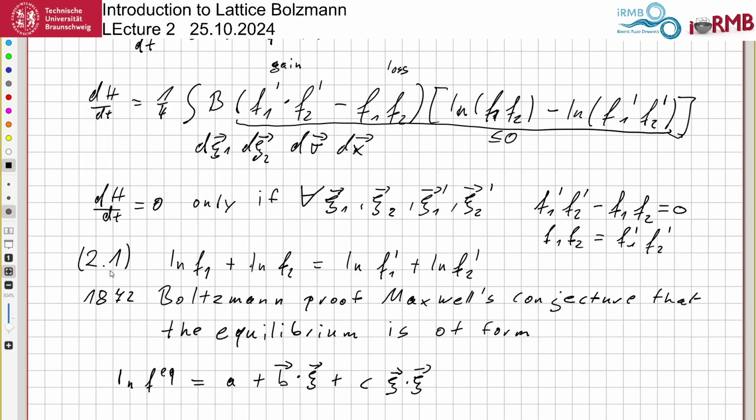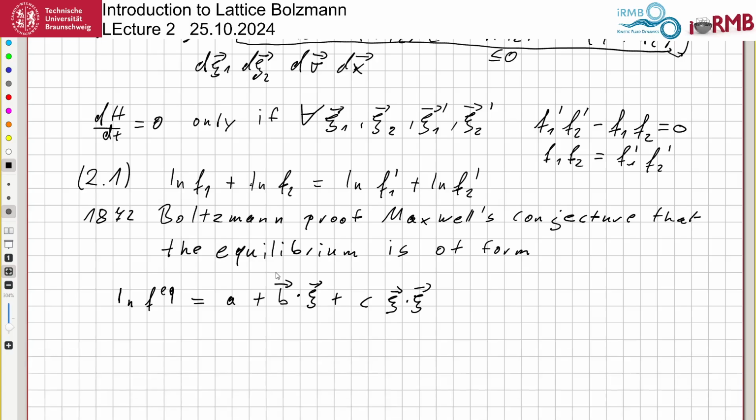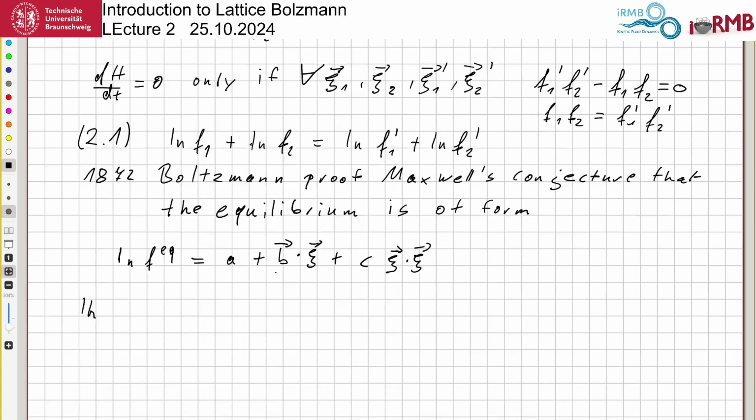Now let's take the left-hand side and the right-hand side of this equation 2.1. So left-hand side 2.1, I've written it a little bit differently here, so I have to adjust: ln f2.